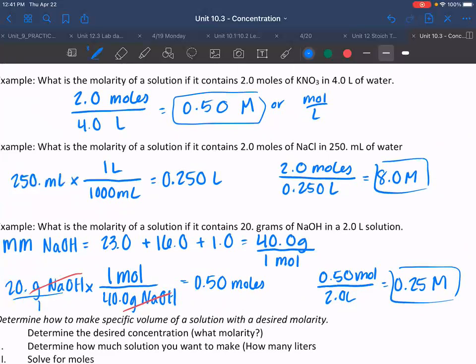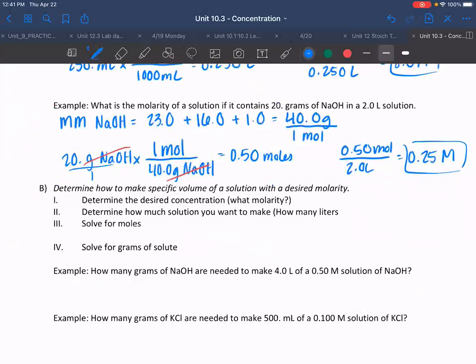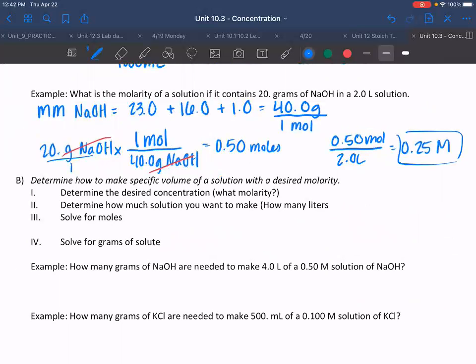Okay. All right. The next, which I think is probably one of the more important ones, is pretty much what I would do: if I want to make this concentration, how much do I have to add? So we determine what molarity of concentration we want. Then I have to figure out how much I want to make, how many liters of it. And then I'm going to figure out the number of moles.